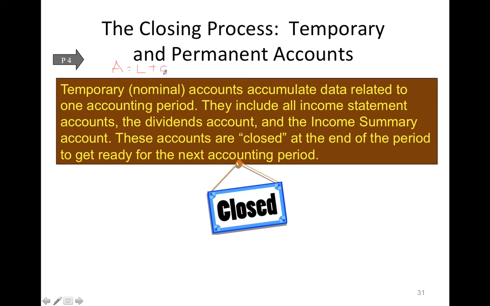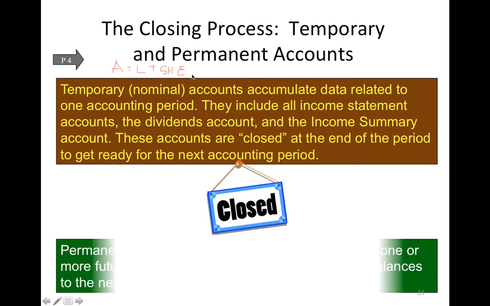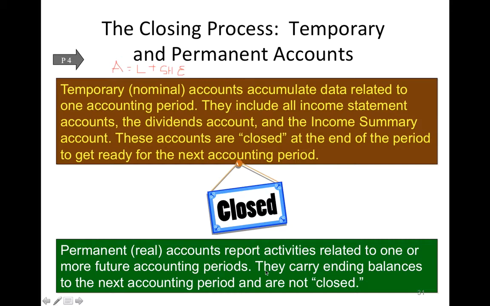These are permanent accounts. Your cash, your accounts receivable, your supplies, your accounts payable, your long-term liabilities, your common stock, your retained earnings, they're permanent because we're going to roll them into the next period. They are ready to go. We don't need to touch them. So they're called permanent or real accounts, and they are rolled into the next period. Their balance goes on and on and on.